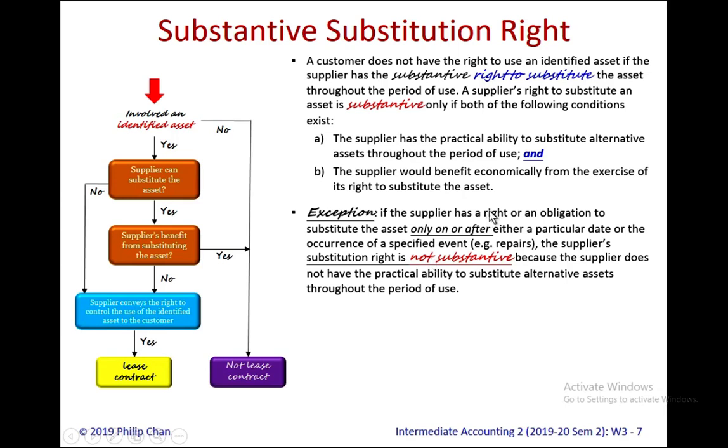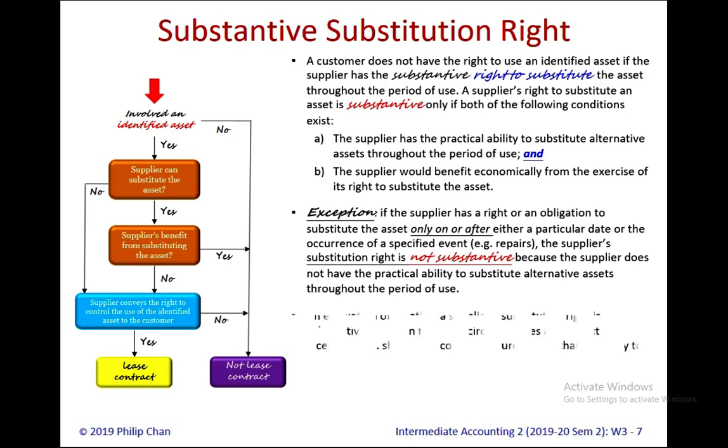Now sometimes it would be very difficult to determine whether that substitution right is substantive or not. You may not have sufficient information to decide at the date when the lessor and lessee sign the contract.